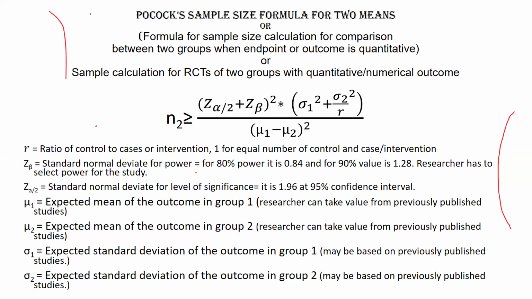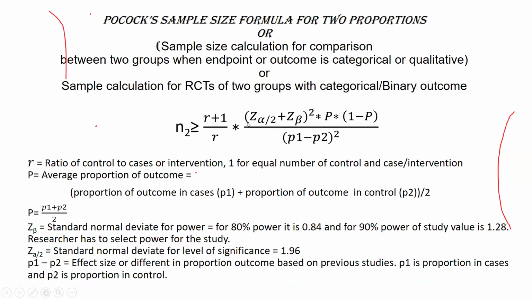Please see this. It is again N2. N2 means sample size in the control group. Please remember this. I think ChatGPT never tells you this. This sample size is for the control group. So N2 is for the control group, is greater than or equal to Z alpha by 2 plus Z beta, square.